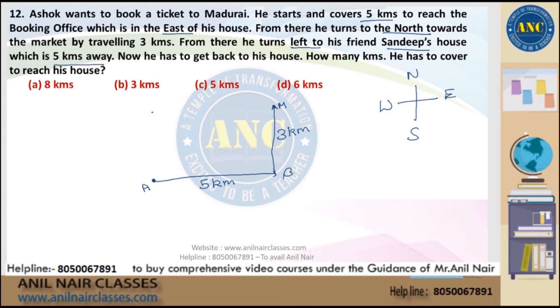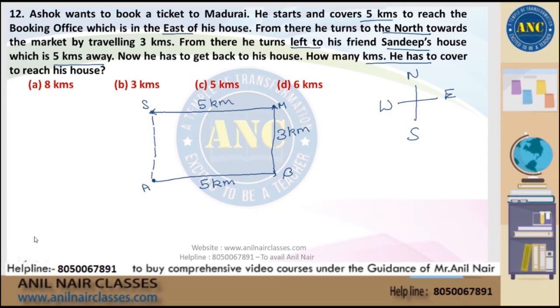Now he has to get back to his house, which is this point. How many kilometers he has to cover to reach his house? So we have to find out this distance.